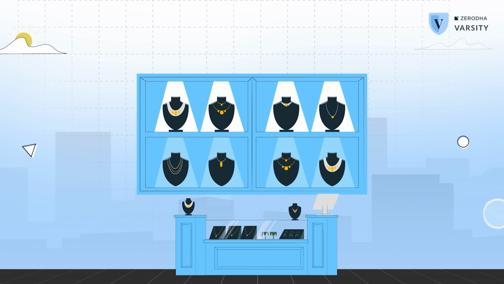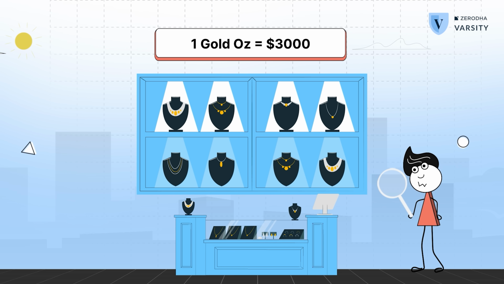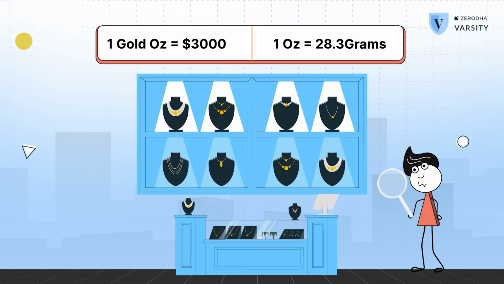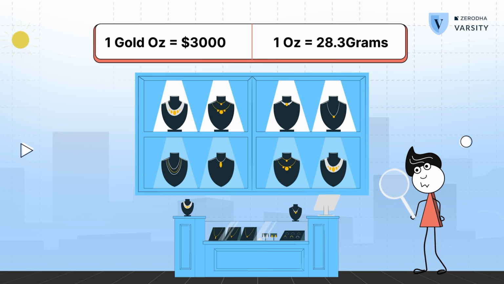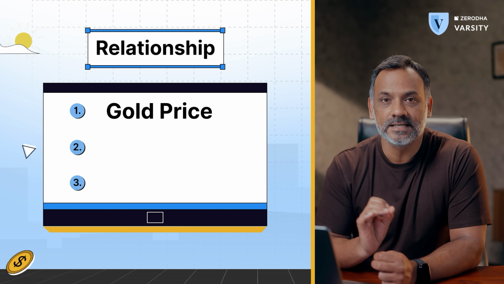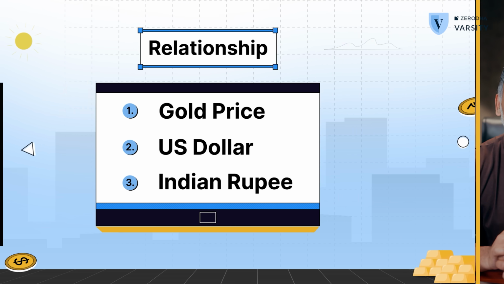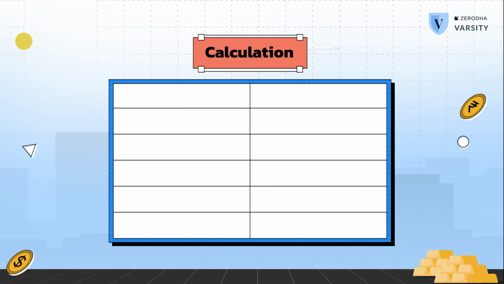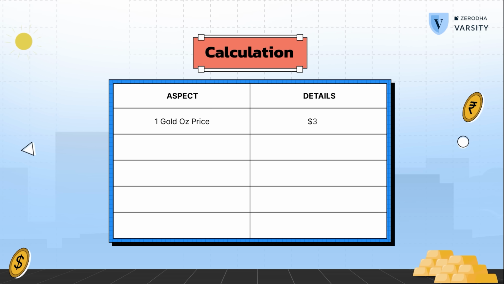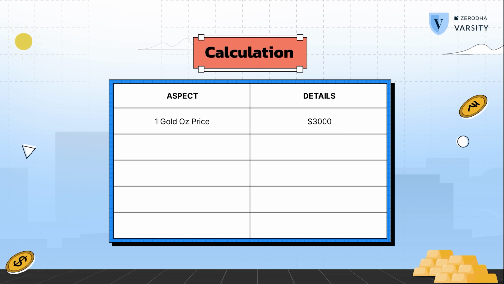Let's try to understand this relationship keeping Indian markets in perspective. Gold price in the US is quoted for 1 ounce. 1 ounce is roughly about 28.3 grams. I'll simplify the math here just to explain the relationship between gold price, US dollar and Indian rupee. Today, as of recording this video, 1 ounce of gold is traded at 3,000 US dollars.